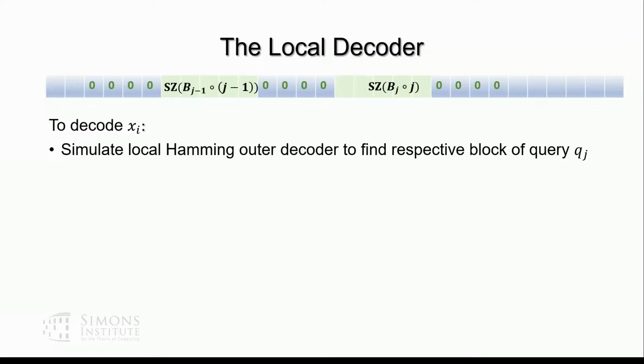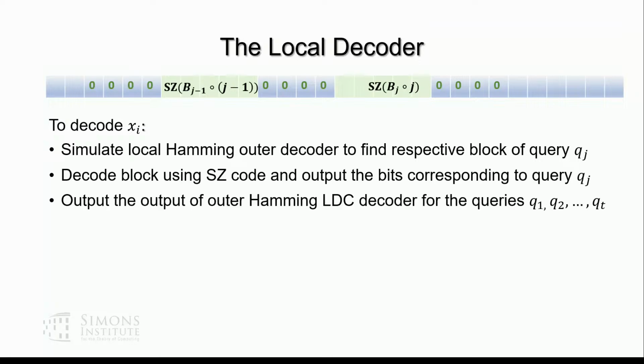Then I go to the position of the queries, I decode, figure out what the value was at that query, use the outer decoder, and output the bit that I care about. Okay, so things are great if there are no errors. We just need to decode these information chunks, and we have good decoder algorithms for that.